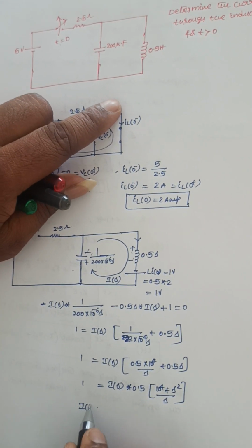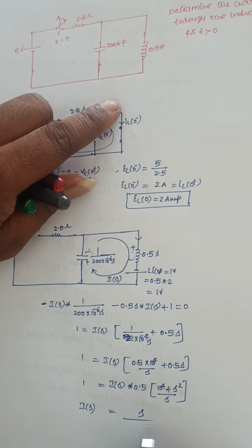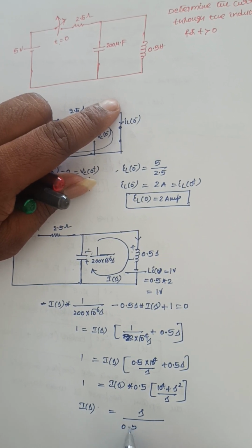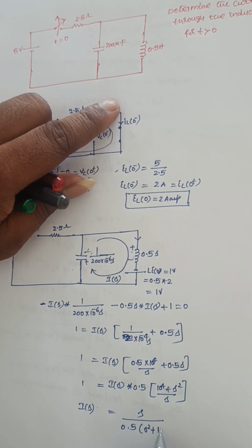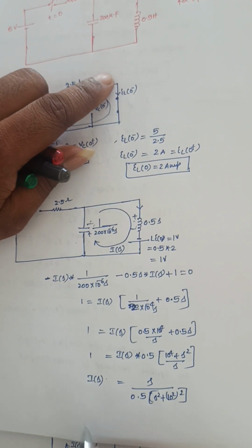So now I of S is equal to S divided by 0.5 into S square plus 10 square whole square. This 10 power 4 I am writing as 10 square whole square.